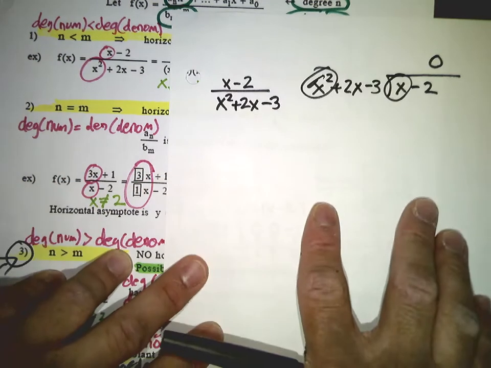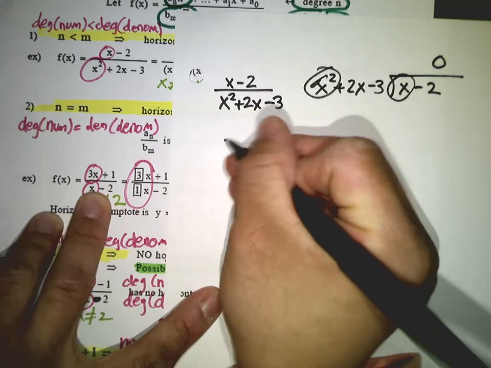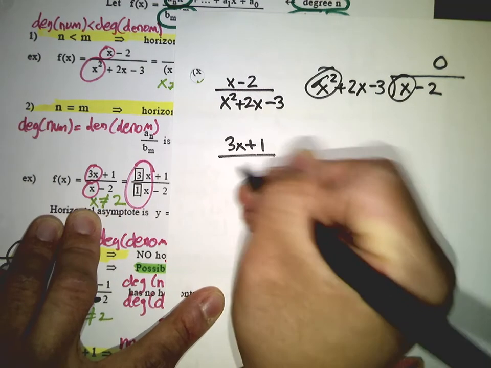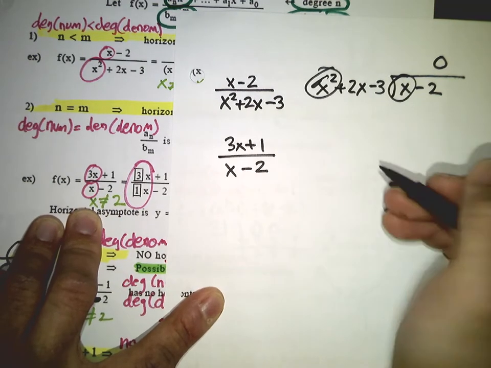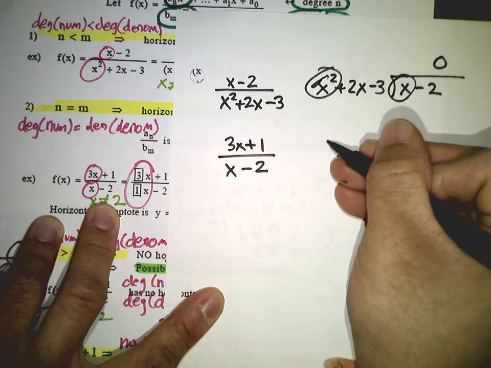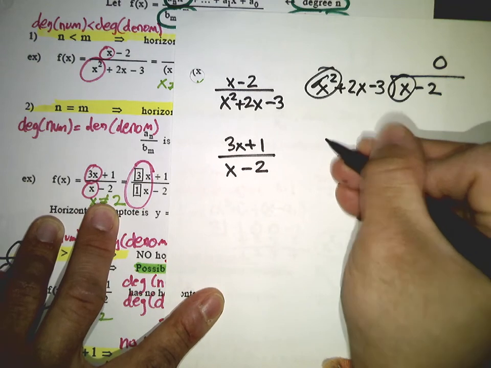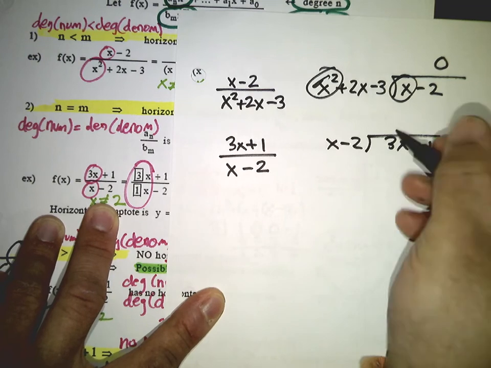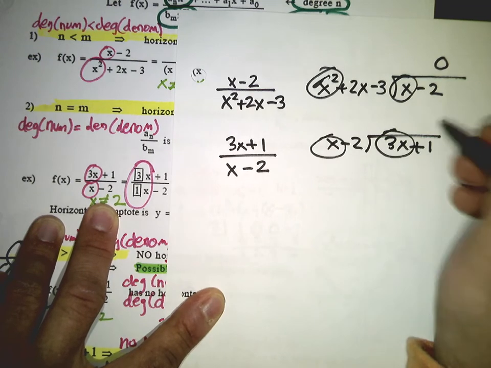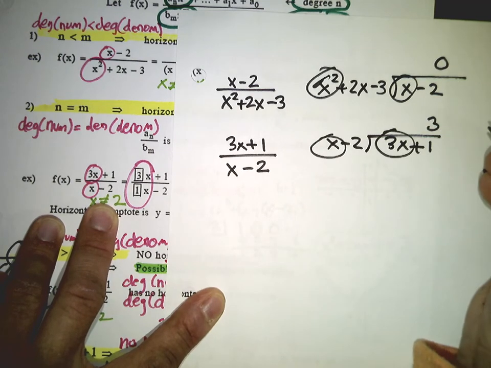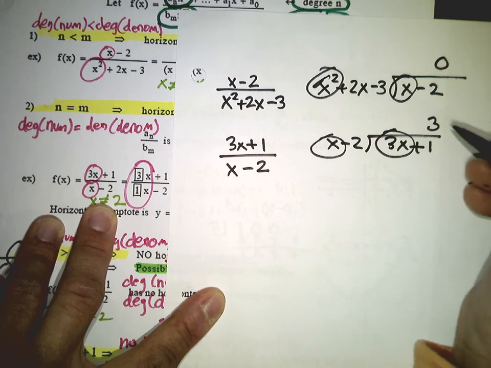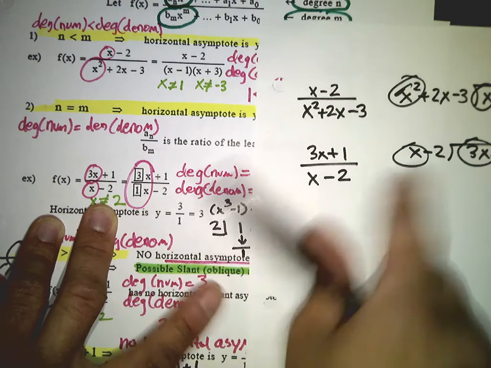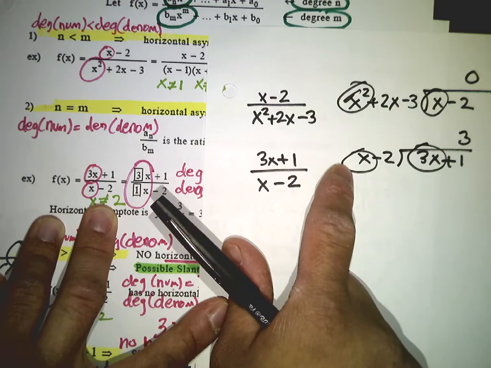But if I look at (3x plus 1) over (x minus 2), then I know that x minus 2 goes into 3x plus 1, and I have 3x divided by x, that's 3 times. So that is why the horizontal asymptote is just the ratio of these two terms.